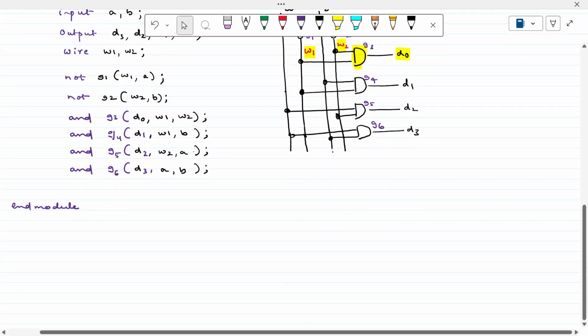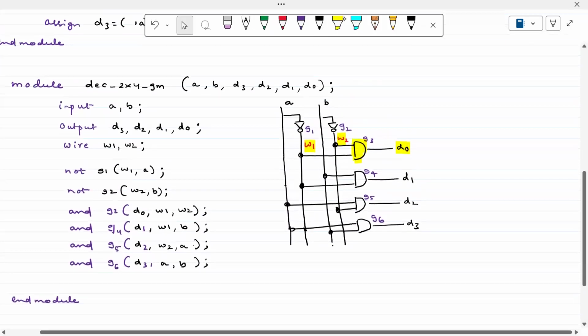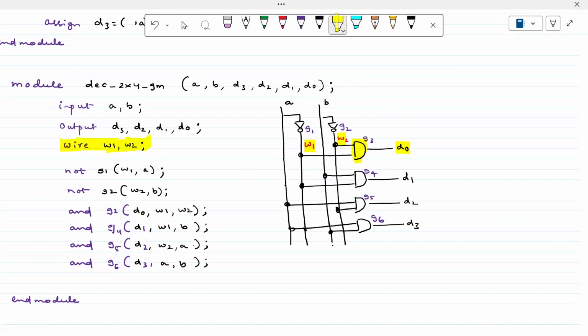W1, W2. We have mentioned here, no? We have declared them as wires.